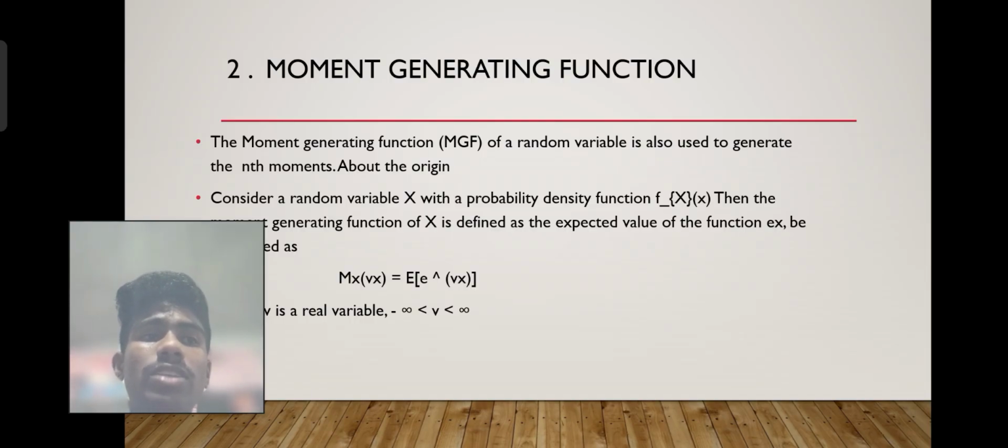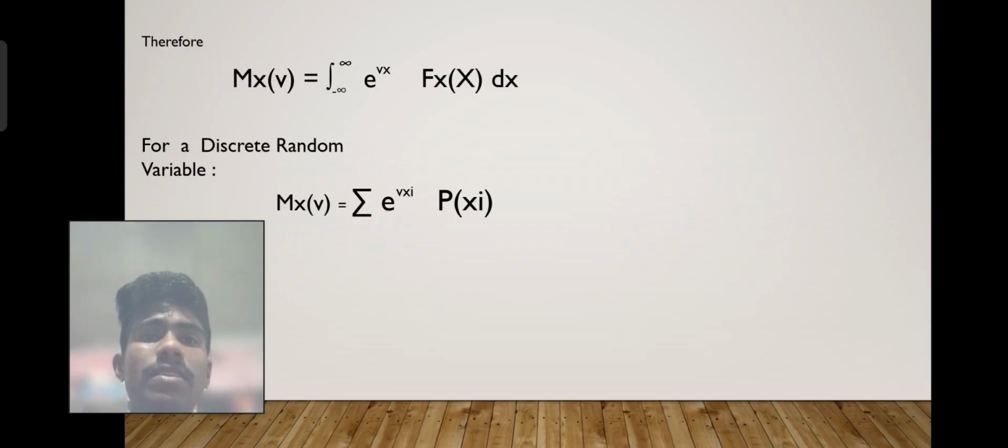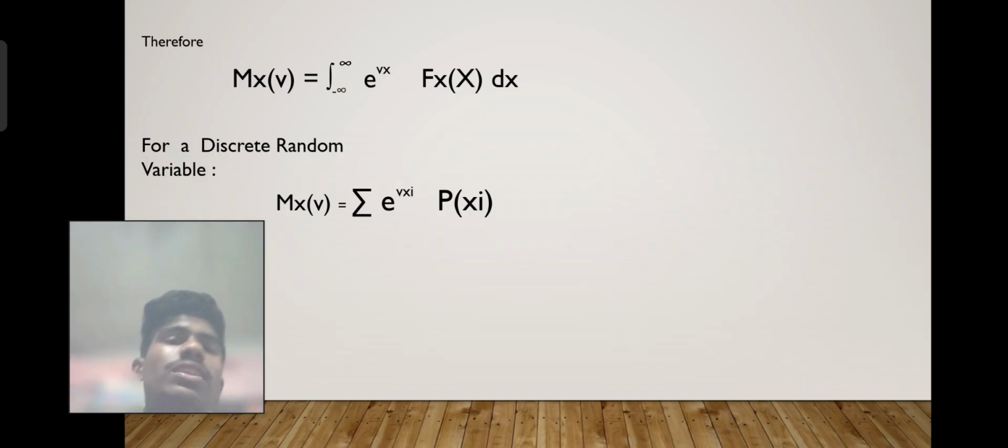For a continuous random variable, M_X(v) equals the integral from minus infinity to infinity of e^(vx) f_X(x) dx. And for a discrete random variable, M_X(v) equals the summation over i of e^(vx_i) p(x_i).